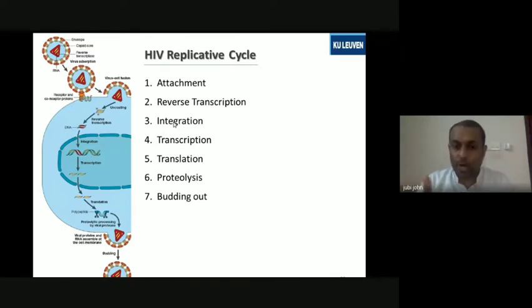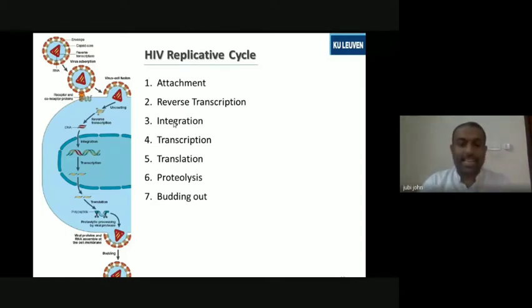During proteolysis, the sixth stage, the polypeptide chains are broken down into smaller fragments. And finally, new virus particles are released from the host cell, that is, budding out.